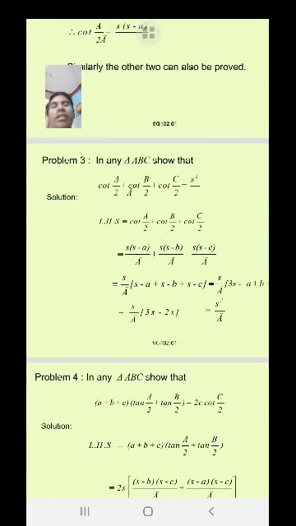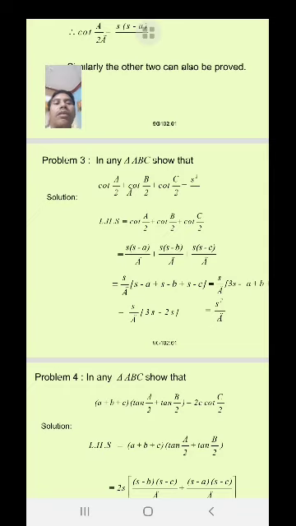So delta means area of the triangle. Here I am saying delta, but here given is a bar. So a bar you can also write, or you can take delta, no problem. So don't confuse. A bar means area of the triangle and delta means also the same.